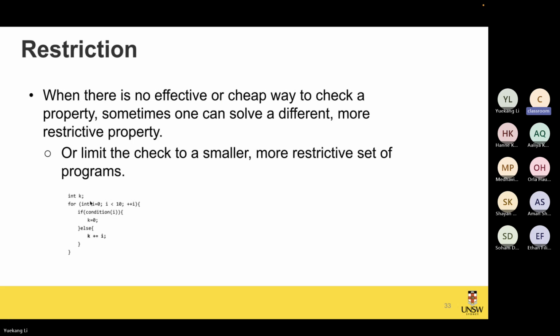We can see that k is used in this line, k += i, which means we add i to k. But k is initialized only under this if branch. So what if this if branch is not satisfied, and we directly go to the else branch? Then we are using k before it is initialized, right? There's this usage of an uninitialized variable problem in this program.